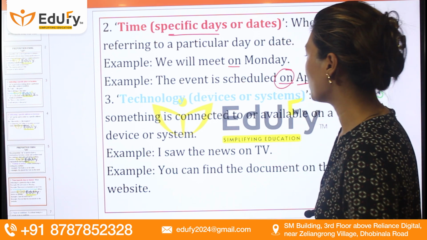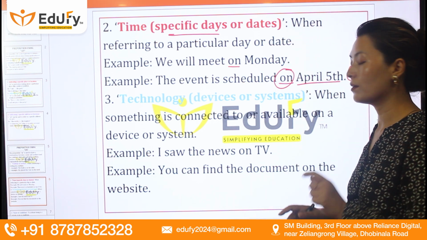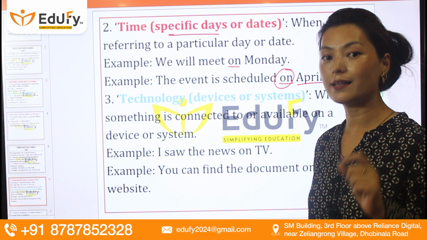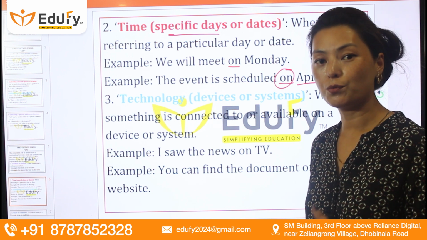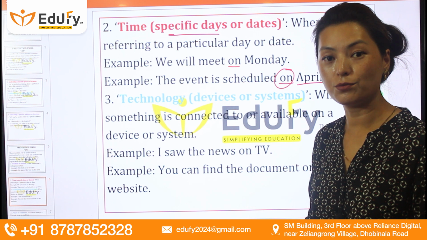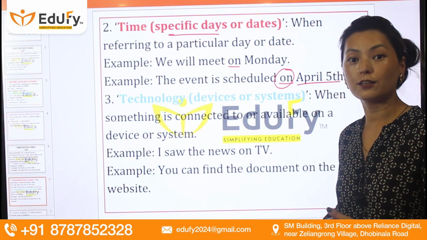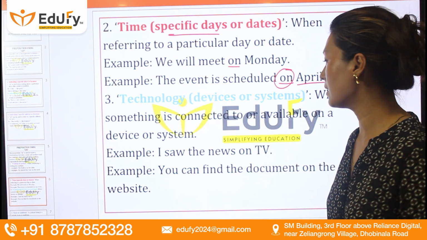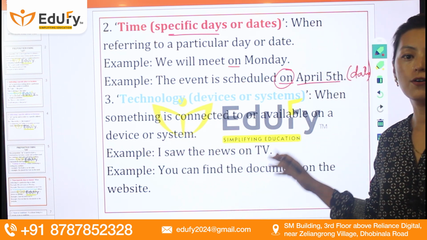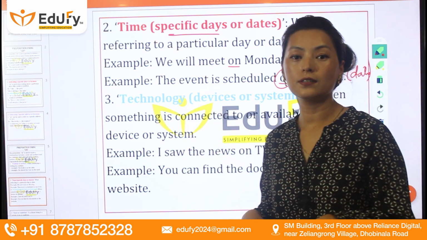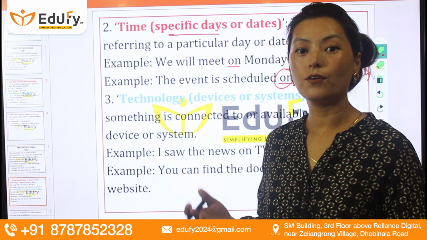Next one, we will also focus on one very important thing, and that is when we talk about devices, when we talk about technology, what types of preposition do we use? We tend to get confused there as well. So you can see here, take an example. I saw the news on TV. I saw the article on the website.